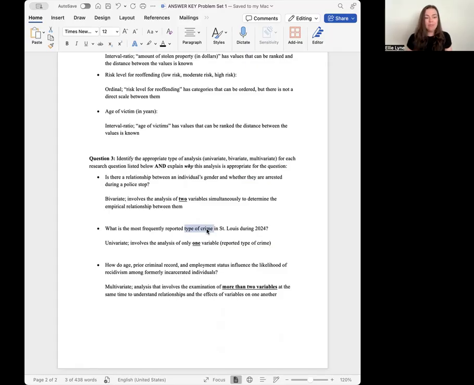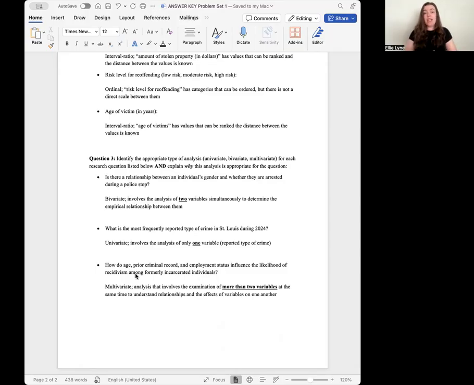Last example here, how do age, prior record, and employment status influence the likelihood of recidivism among formerly incarcerated individuals? This is an example of a multivariate analysis because we have multiple independent variables here in reference to a dependent variable. And so anything that's going to be multivariate in nature is just going to be anything that exceeds 2.